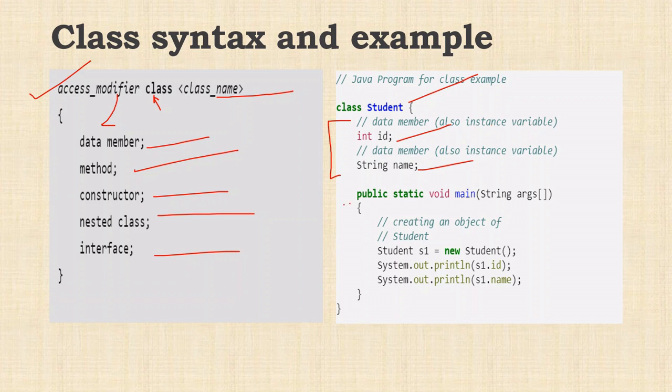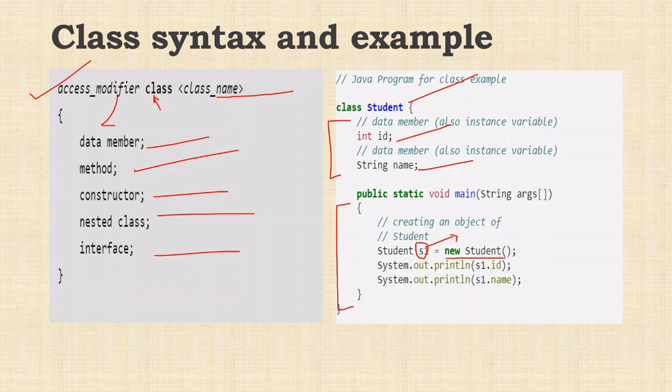This is the main method we have created inside this class to create the object of that class. We are creating Student s1 = new Student. That means we are creating one object, one instance of a class. So s1 is one instance of the class, or an object of the class.